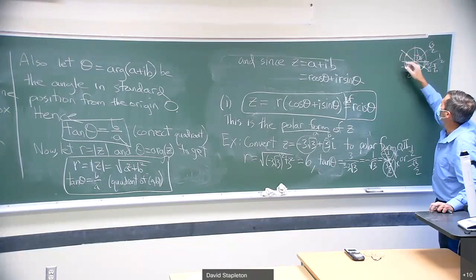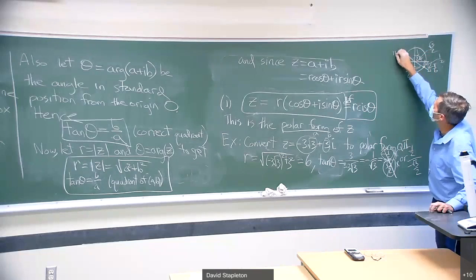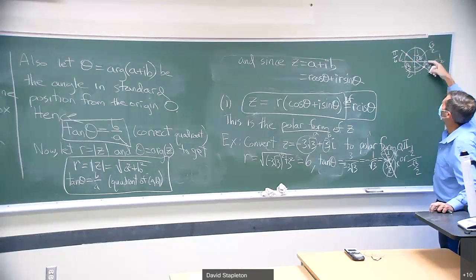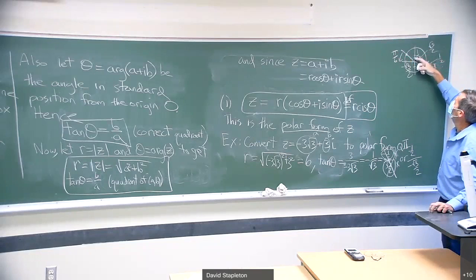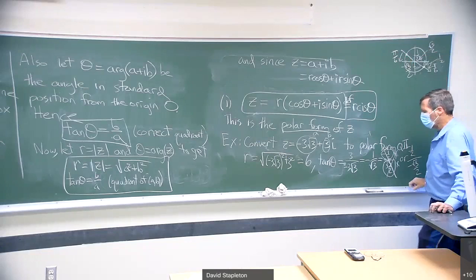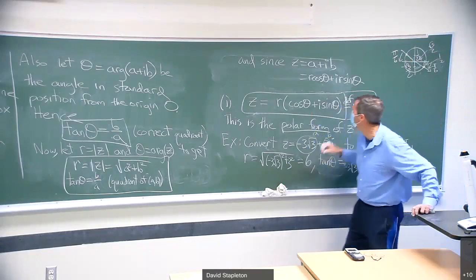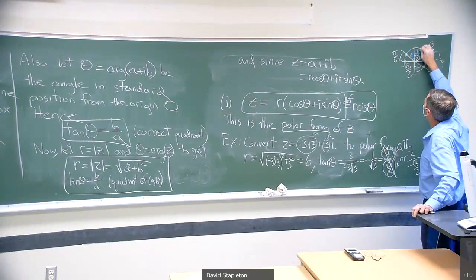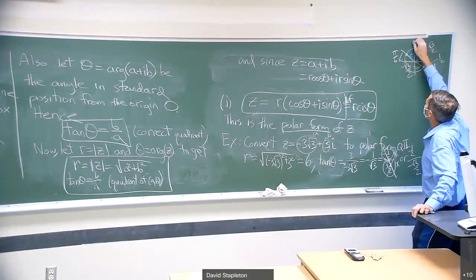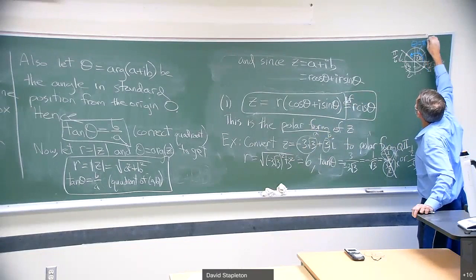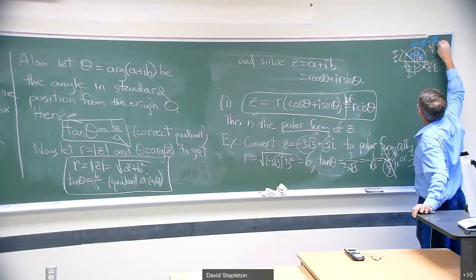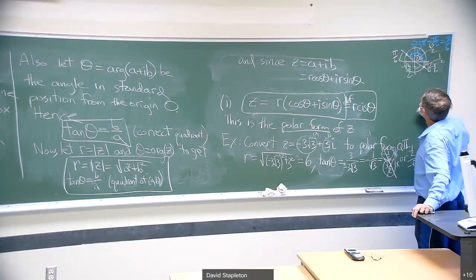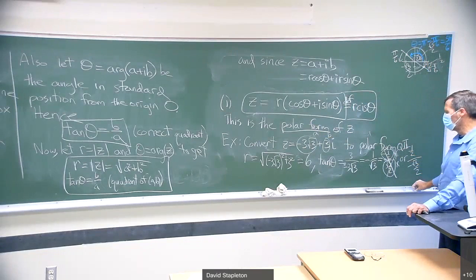And I say, well, by symmetry, this angle must be pi/6, since this angle was measured positive. That makes the angle I'm interested in, the angle in standard position of this complex number, pi back up pi/6. Well, 1 pi minus 1/6 pi is 5/6 pi, right? So there's my angle theta.